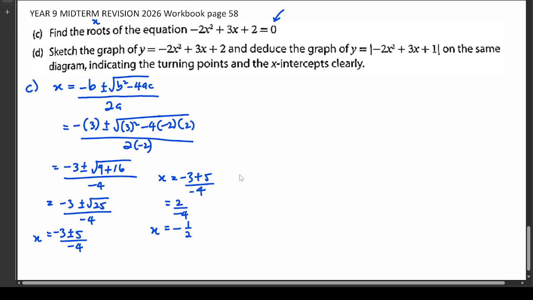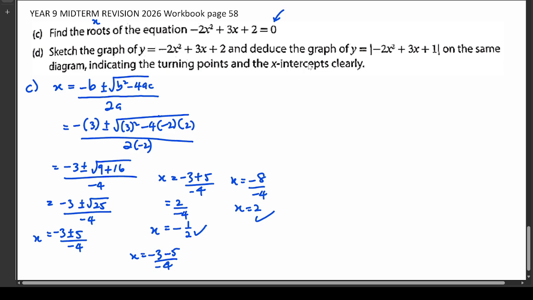The other one is the answer for the negative sign. So the answers are 2 and negative 1 over 2. That is your x value.